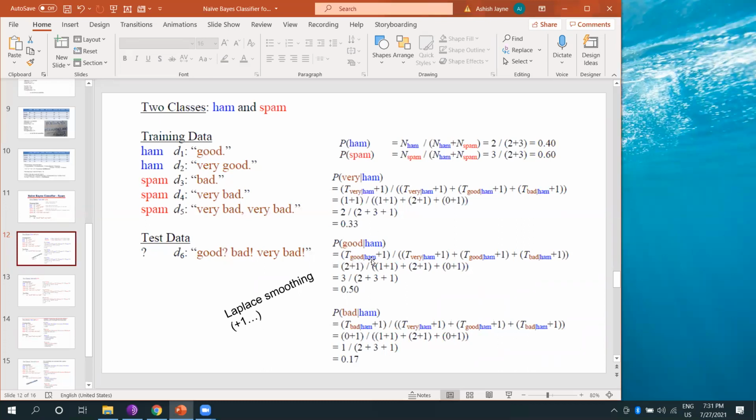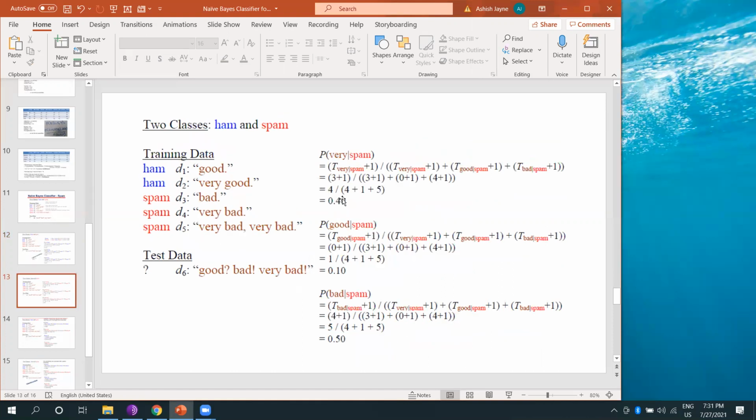The number of times good appears for ham is 2, so we fill in 2 plus 1, divided by the denominator, that is 3. And for bad, 0 plus 1 for Laplace smoothing, and this becomes 0.5. Similarly for bad, it is 0, but the denominator remains the same.